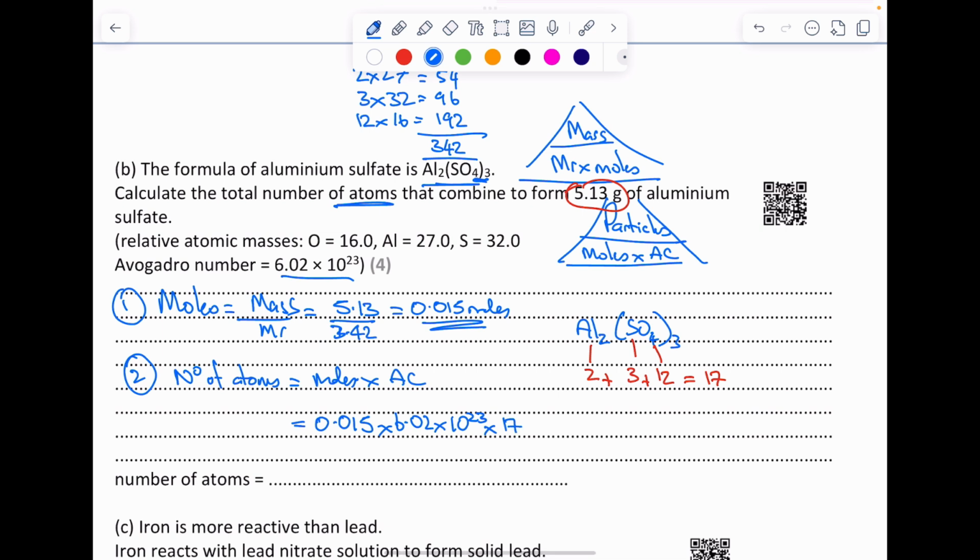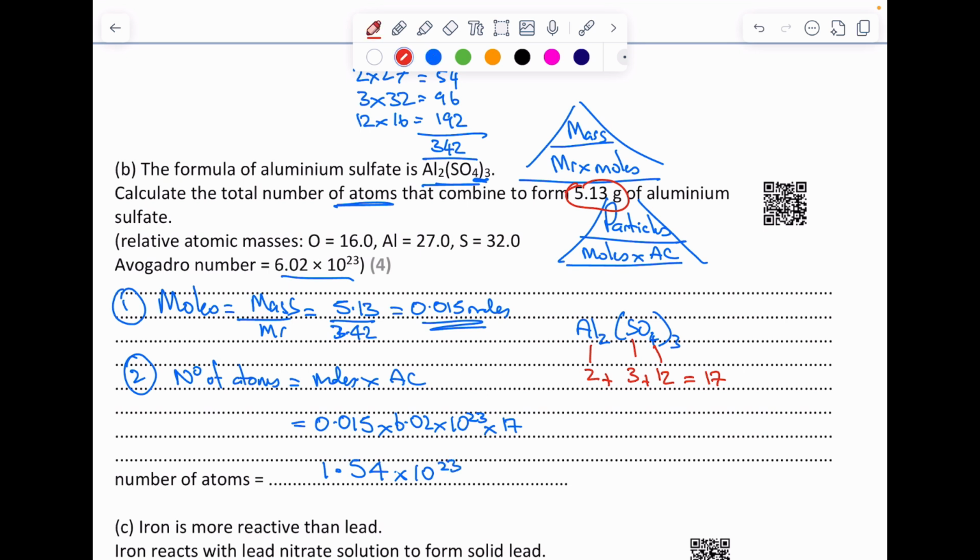So let's do 0.015 times Avogadro's constant, and then times the whole thing by 17, and I'm getting an answer here of 1.5, and I'm going to call that 1.54 times 10 to the power of 23.